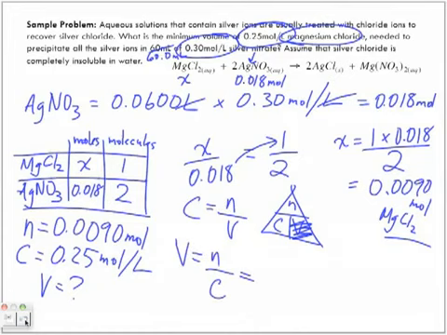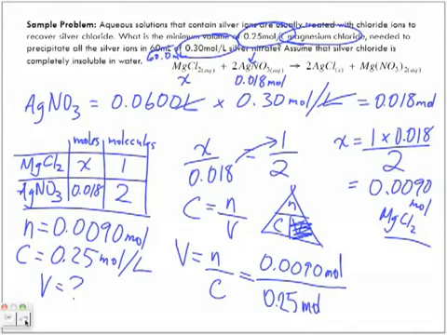Our N value, 0.0090 moles, divided by 0.25 moles per liter. Moles cancel out, and our answer comes out to 0.036 liters.